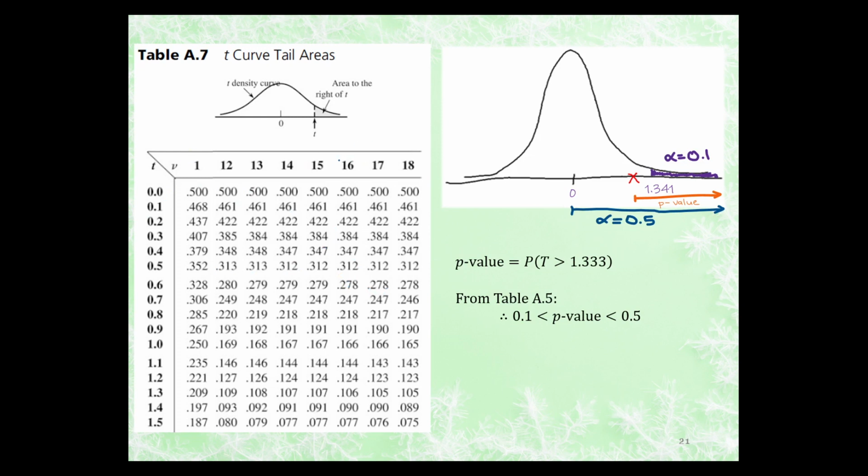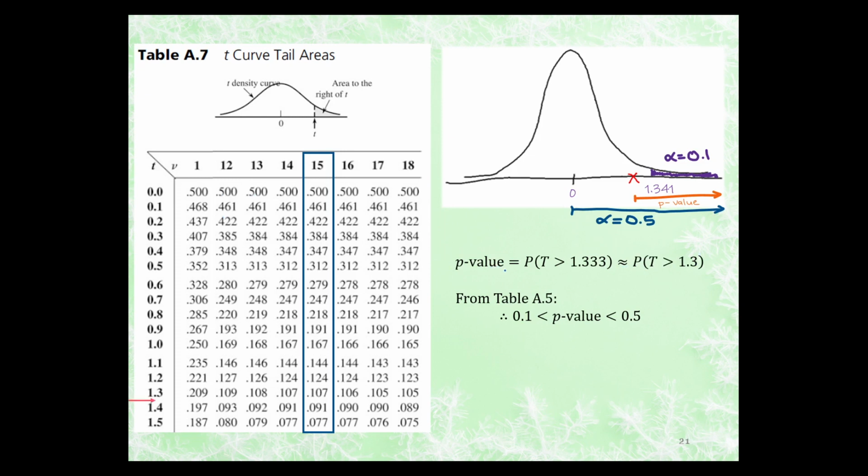So we just need to go find the correct column to use, and in this case, we are using 15. Because that's how many degrees of freedom we have. And this table then gives us the area in the upper tail to the right of a specific t value, but it's a t value to one decimal. So we're just going to round this one off, and we're going to say, well, we are looking for the area to the right of 1.3.